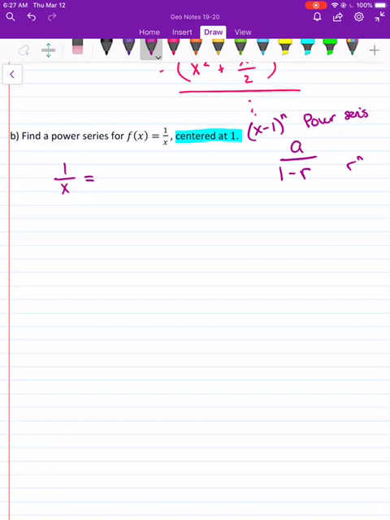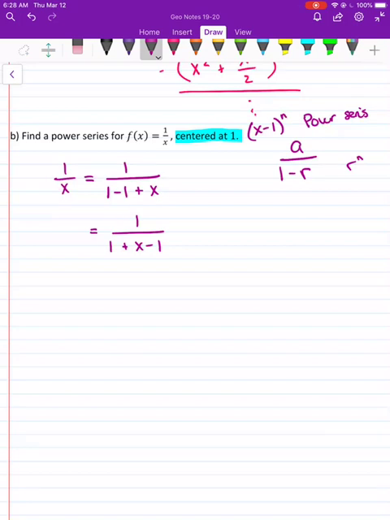Well, the first thing I'm going to do is I know I want 1 minus something. So I'm going to add and subtract 1 to that denominator. Okay, so now I have my 1 minus. The next thing I'm going to do is simply switch the x and the -1.